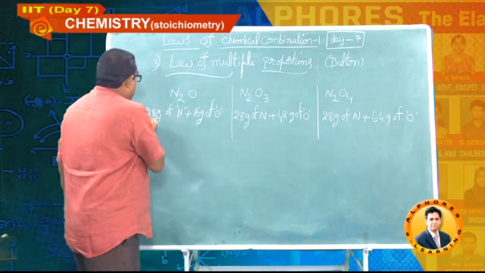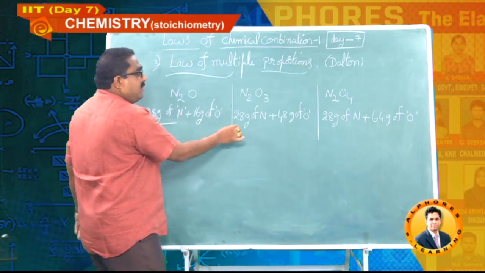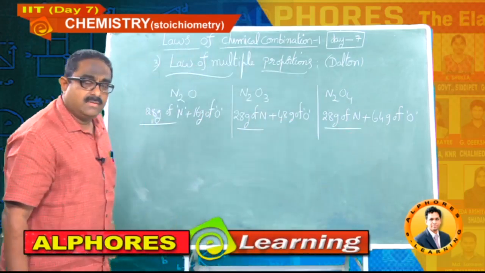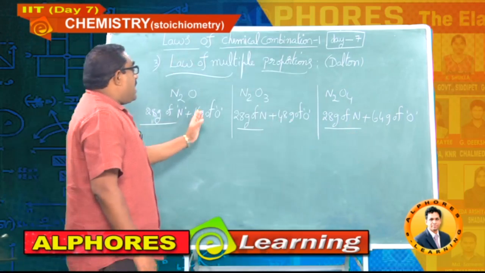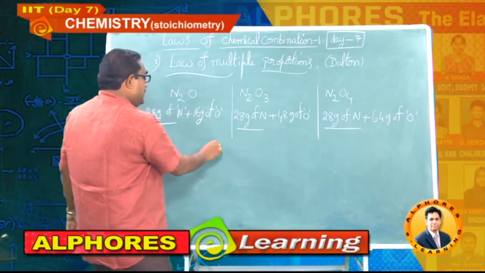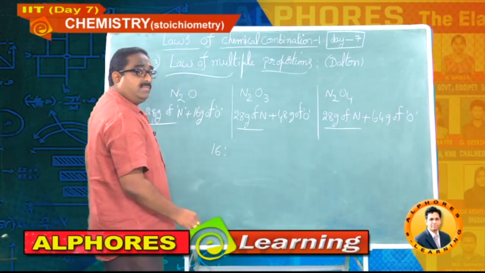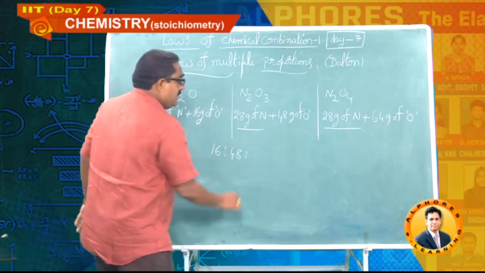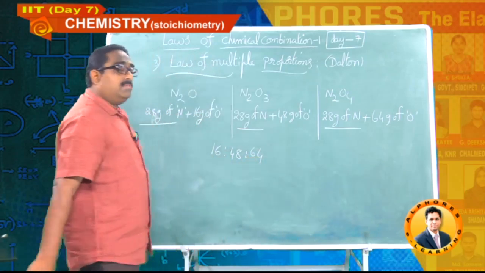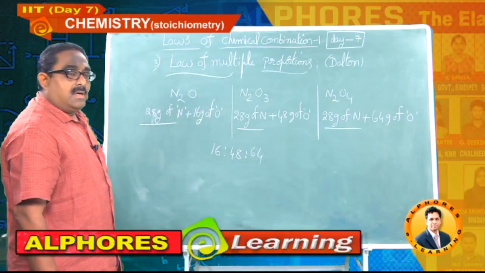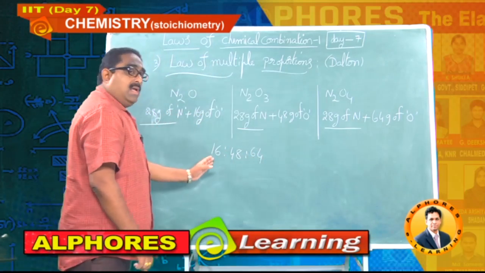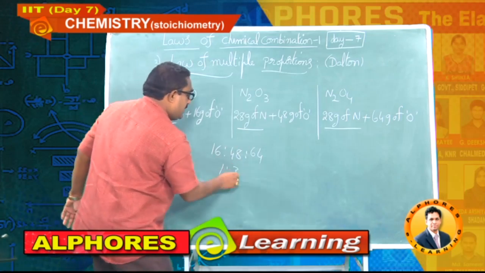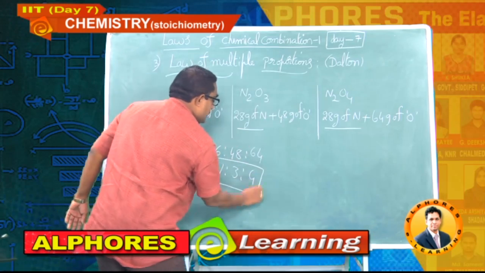For the fixed mass of one element, 28 grams of nitrogen, the masses of other element, 16 in the first compound, 48 in the second compound, 64 in the third compound, combined will be in the simple ratio. Now I am going to calculate the ratio. 3 16s 48. So this is.